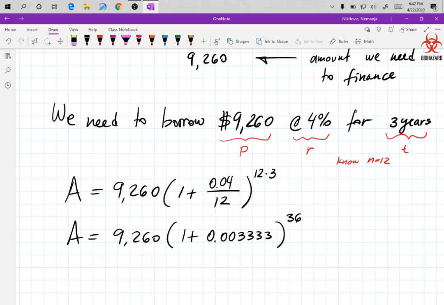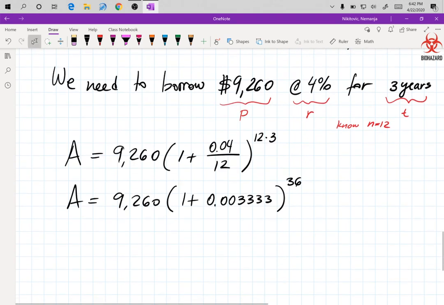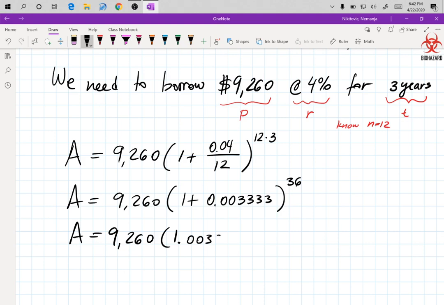The mortgage doesn't work this way. I will mention it after the problem. Let's just wait with the question on the mortgage with the 300,000. All right, so now we plow through these calculations. So we will add 1 to this number, right? Easy calculation. 1.003333 raised to 36.